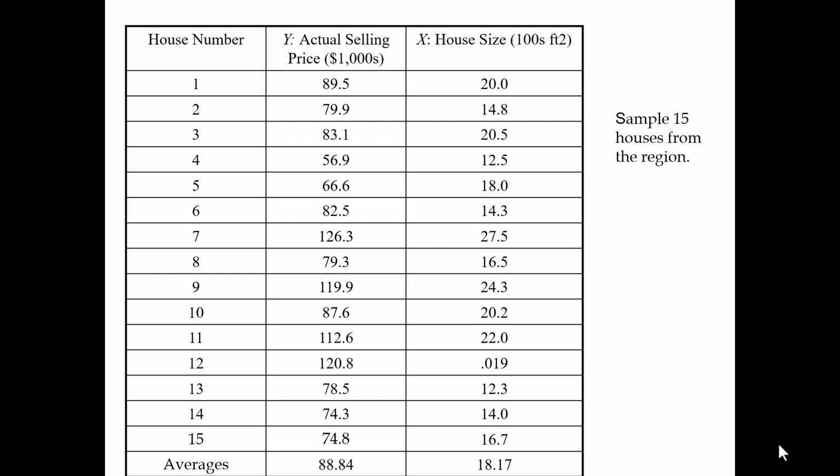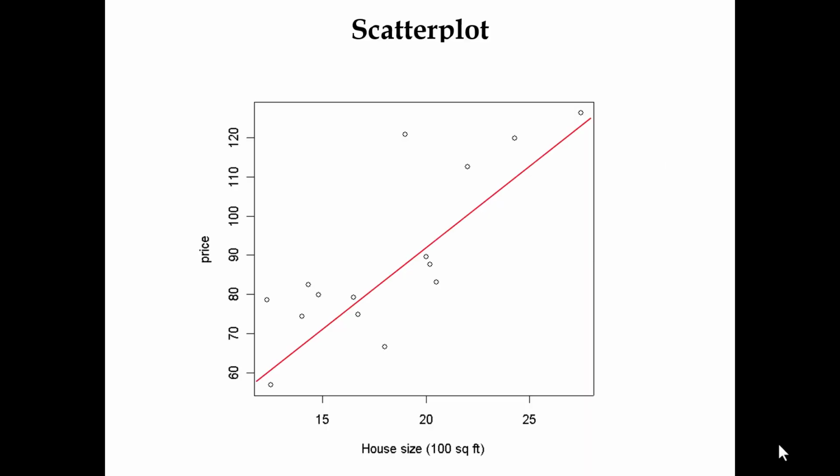So, 89,000, 89,500, 79,900, and we plotted it, it would look like this. And it looks a little kind of random, but if you ran OLS regression, it would attempt to draw a straight line that best fit this data.